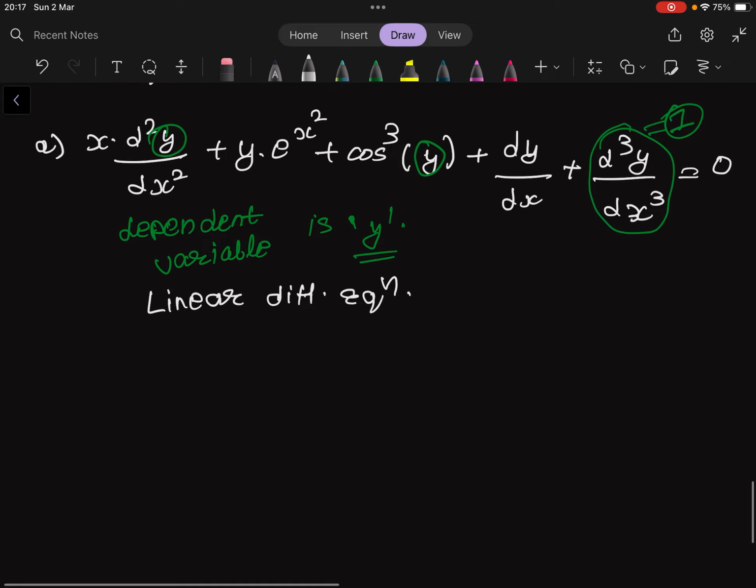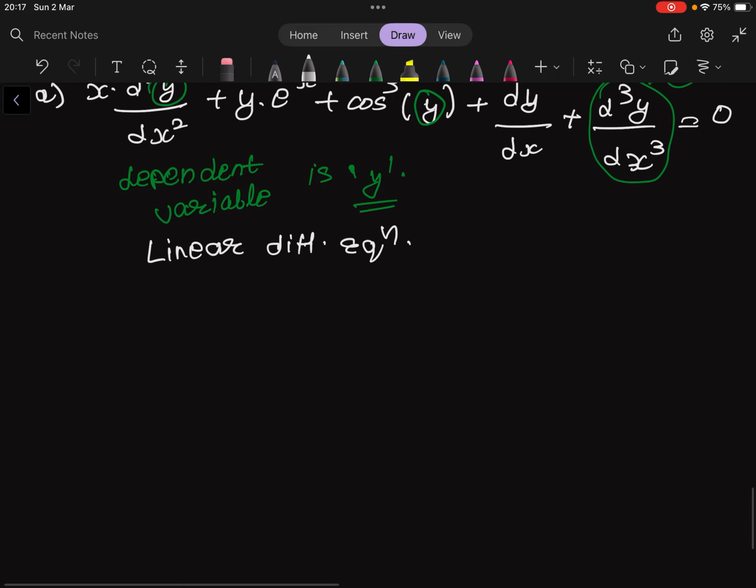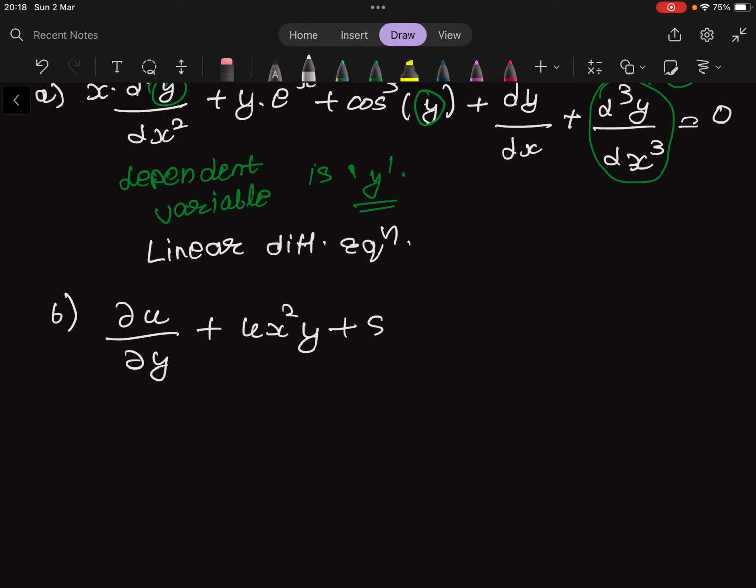Now let's see other examples. Now suppose our equation looks like this: dou u by dou y plus u x square y plus sine of y plus dou square u by dou x square plus u power 4 equal to 0.